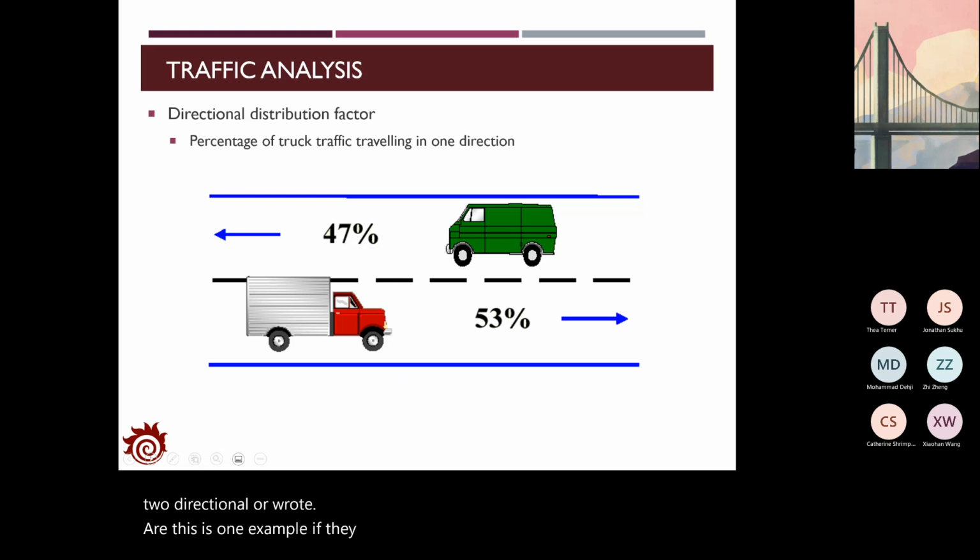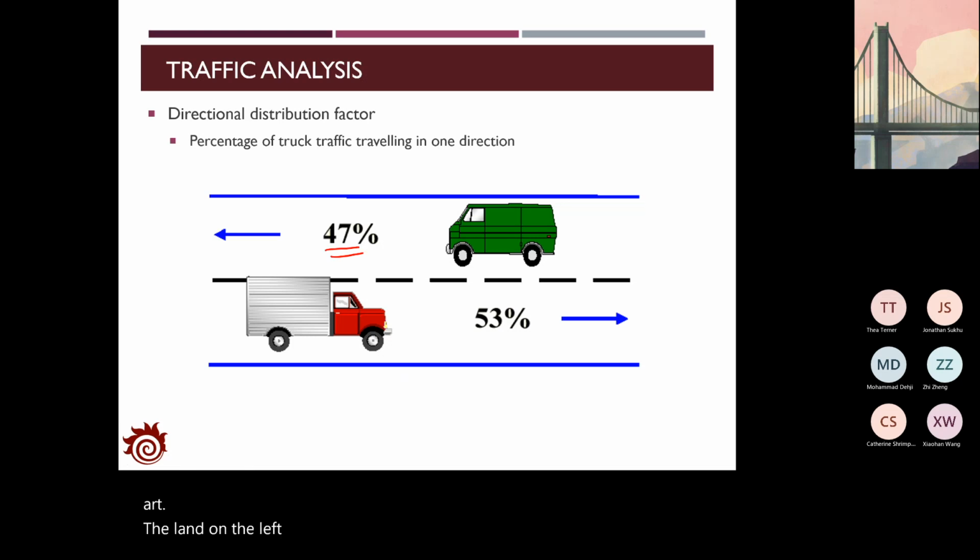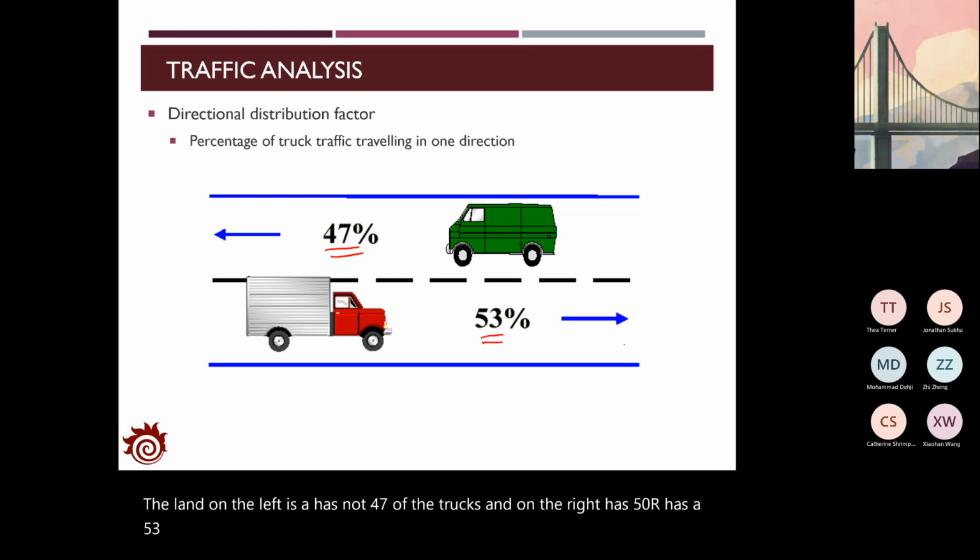If this road has two lanes, with each direction having only one lane, and you find that the lane on the left has 47% of the trucks, and on the right has 53%, then we have to consider this one as the design lane.